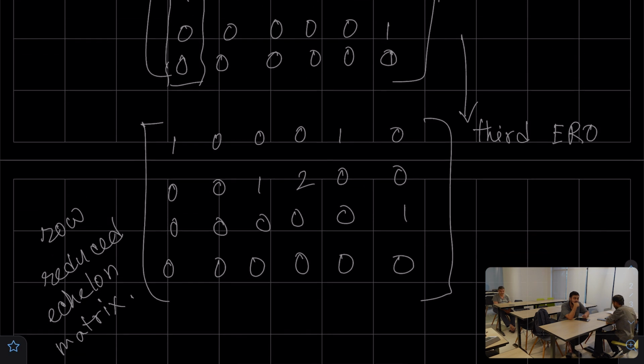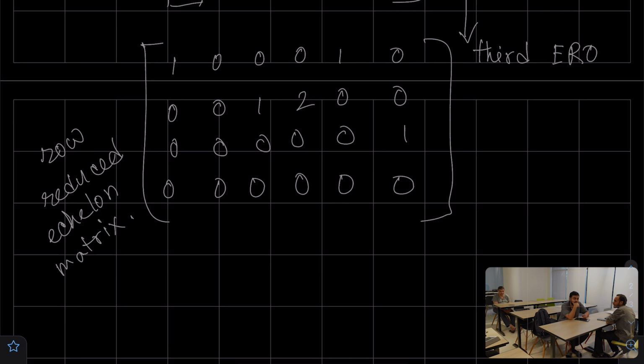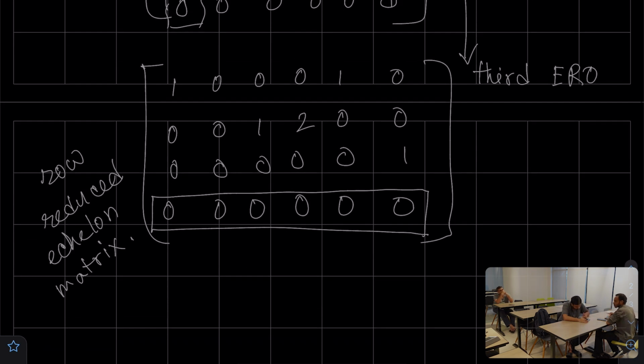Then the second one tells us that every 0 row in R has to be at the bottom of the matrix, and there is one row that is a 0 row, right? And it is at the bottom of this matrix, right?